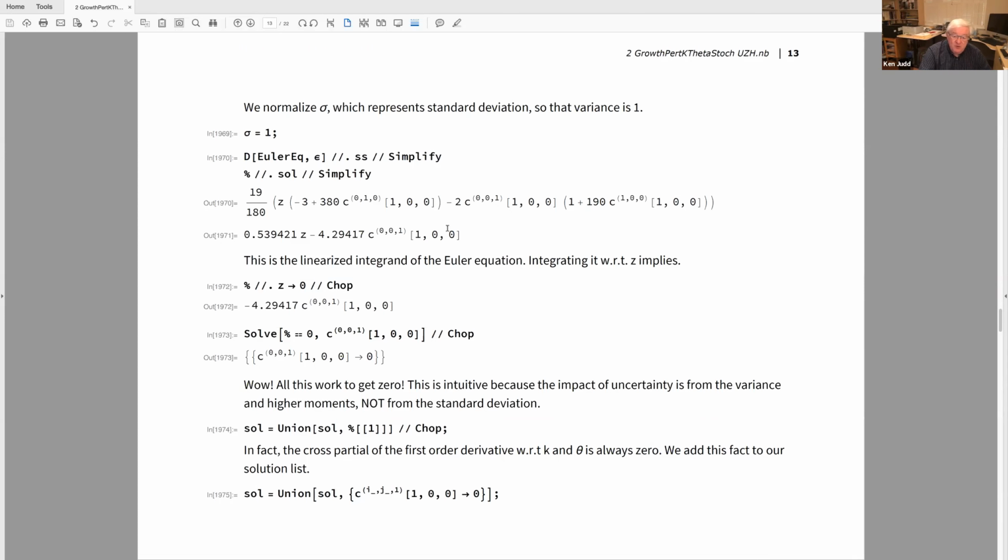Now, what I'm going to do is sigma is going to be normalized, so the variance of the random variable is 1. So what I do is I take the Euler equation error, take the derivative with respect to epsilon, and then impose a steady state, and then we're going to have a lot of these derivatives with respect to k and theta, and then plug in their solution values, and we find that this is true.